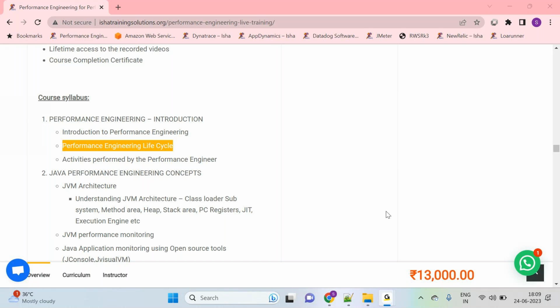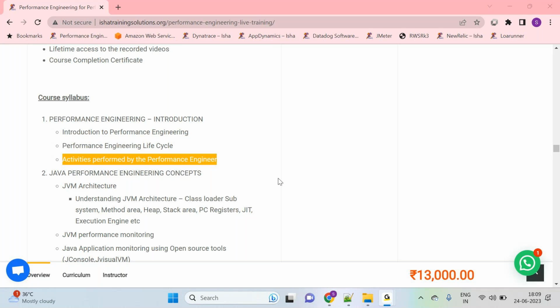Then the activities performed by the performance engineer are very important, because only then can you understand where you can contribute. Whether you are going to contribute at the code level, the DB level, the infrastructure level, or the client side monitoring level, where you are going to focus.